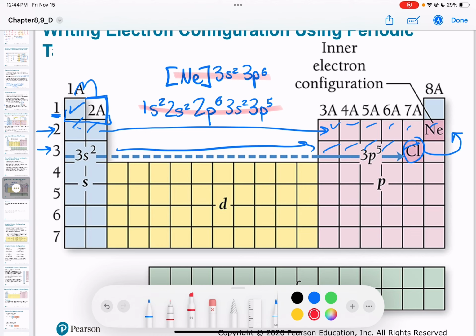Okay, what about the Ds? I think we did titanium in class on Wednesday. So if we want to continue past chlorine, let's use the not abbreviated one.